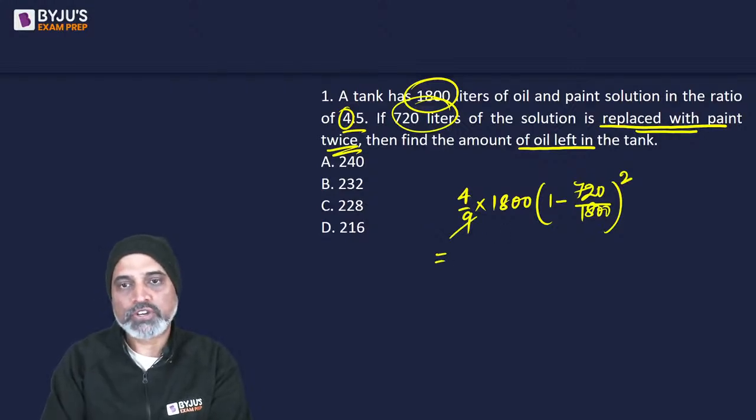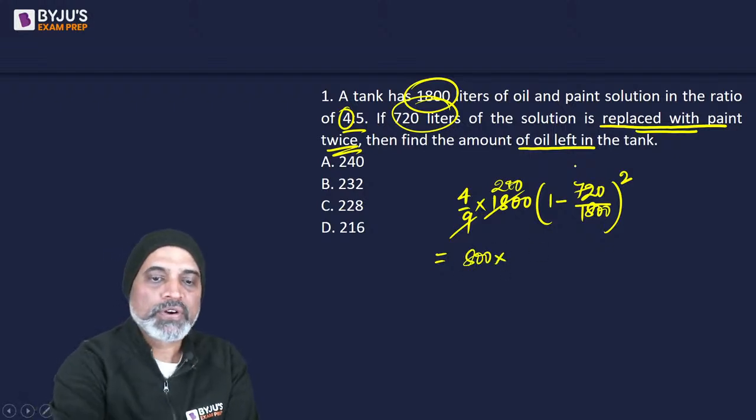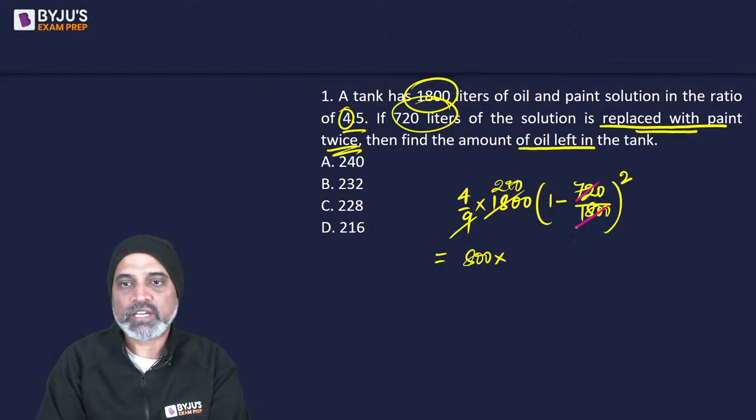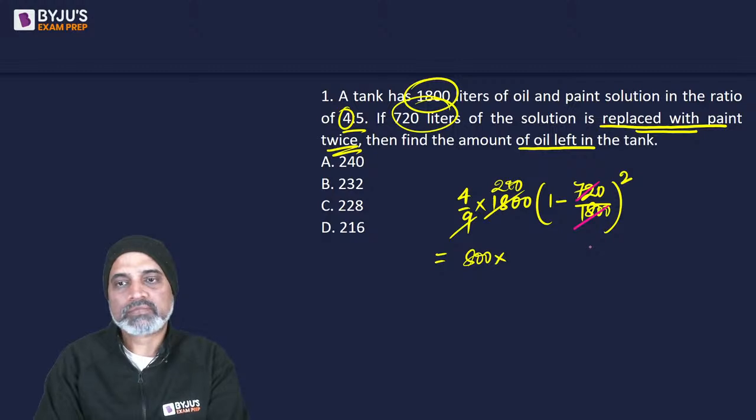So this is going to become 800 into 720 upon 1800. They both are in the table of 36. So this is 36 into 2 and this is 36 into 5.